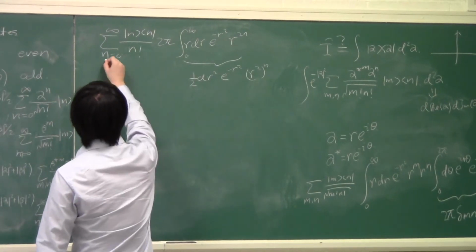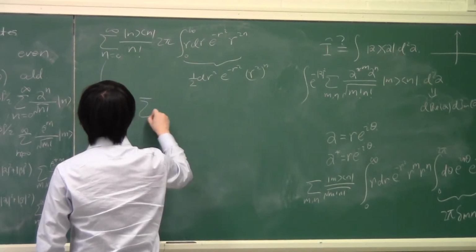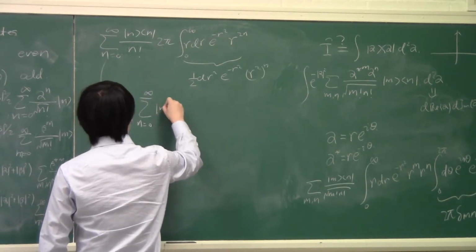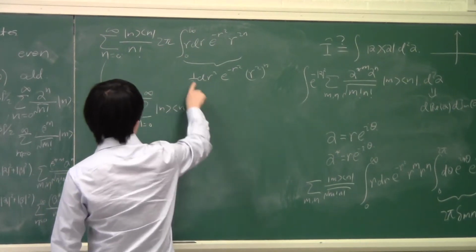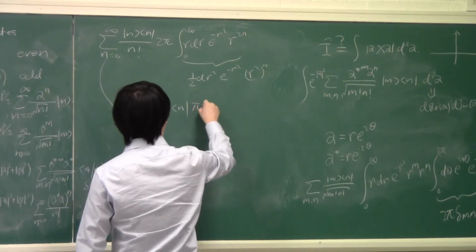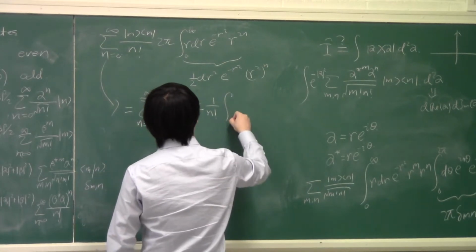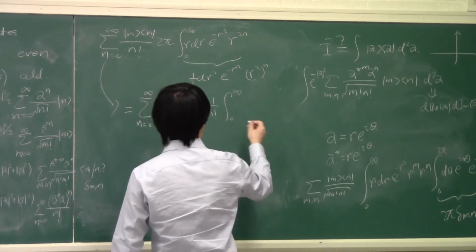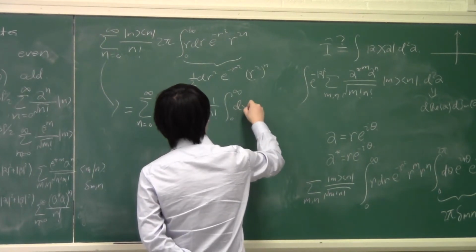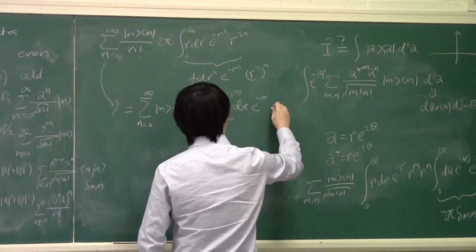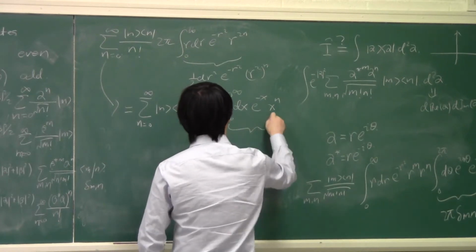So what we get is the summation over n, and this 1/2 is going to cancel with the 2, so we have a pi. And we have 1 over n factorial, integral from 0 to infinity. Let me use x for r squared. So dx e to the minus x, x to the nth power. And so what is this?